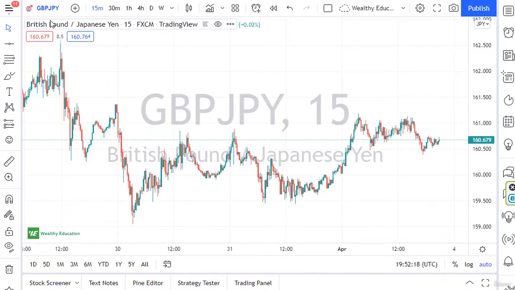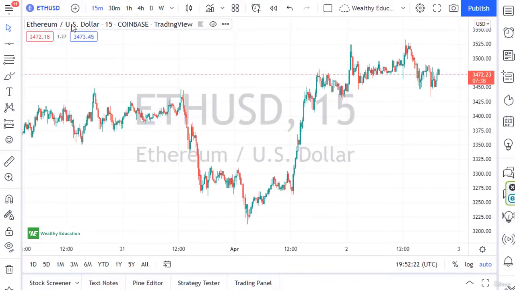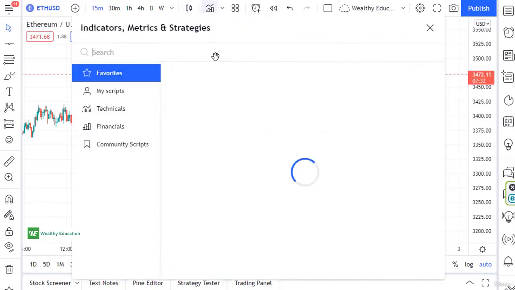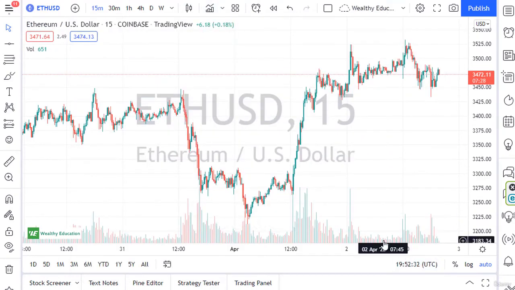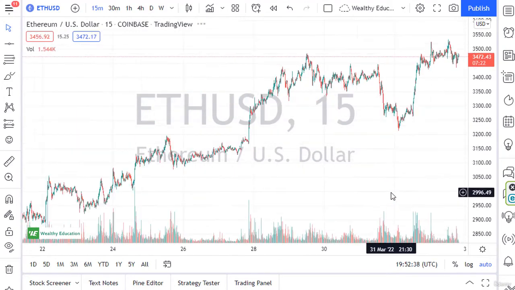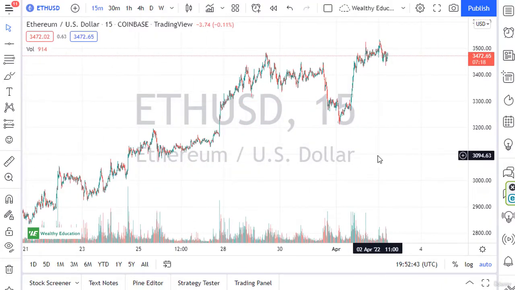So the way to think of it is, let's just say we're trading Ethereum. A way to look at it would be, let me go ahead and add that volume on again. Okay. So the way to think about it is you want to maximize your possibilities and you want to recognize where markets may or may not be willing to go.